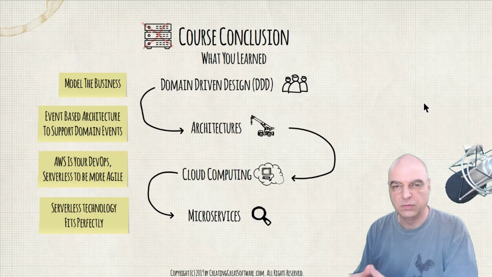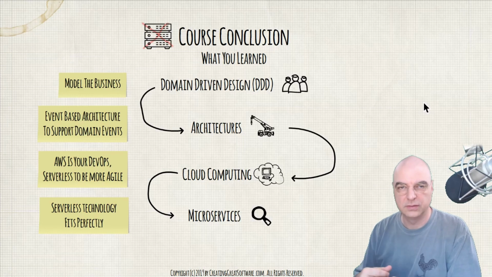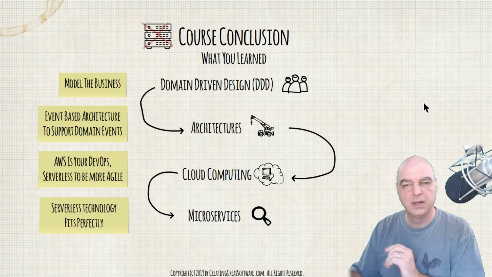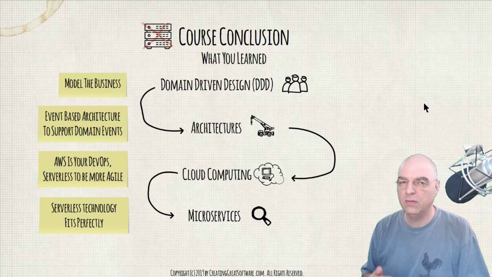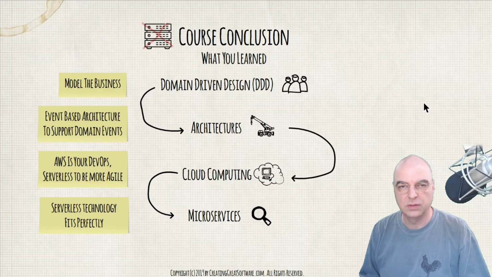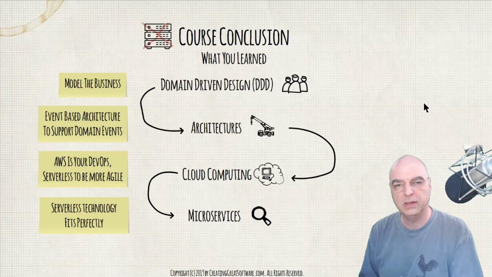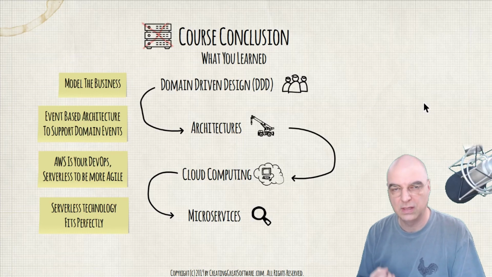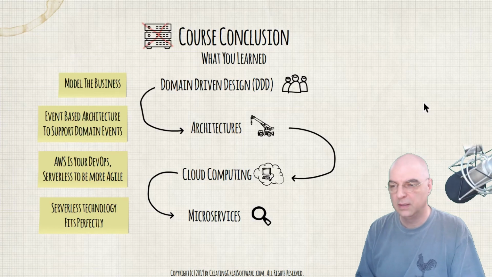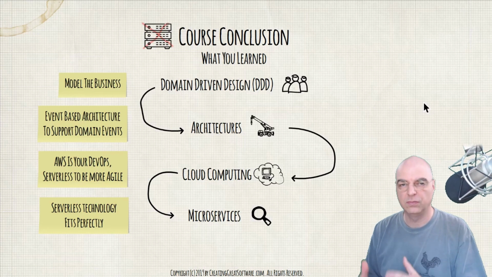So you're physically prevented from making direct calls. You would have to actually make service calls. And we learned that you should never ever make a direct call to a microservice, never ever. To me, there are no exceptions. Because if you model a business correctly, you should be able to listen and follow along on the interesting business domain events that will happen in the system. And so microservices and serverless technology fit perfectly together.